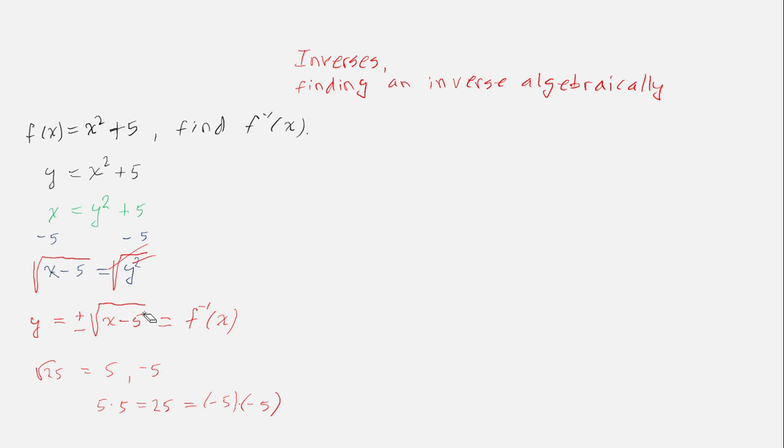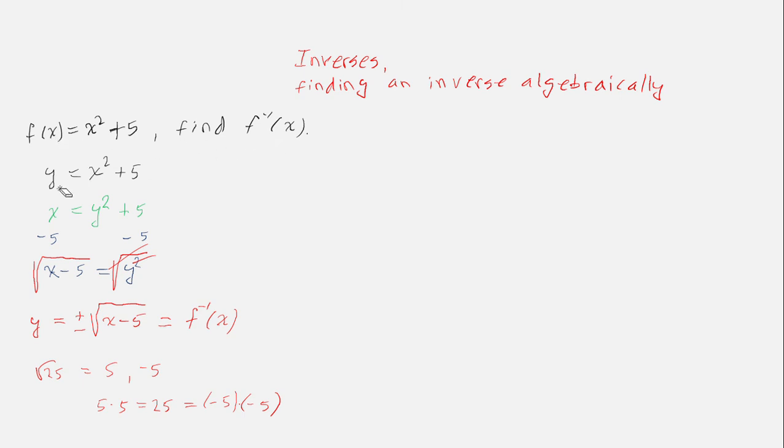And then this here would actually be a function, because we would get rid of these double signs here. It's going to be either just a square root of x minus 5 or a negative square root of x minus 5.